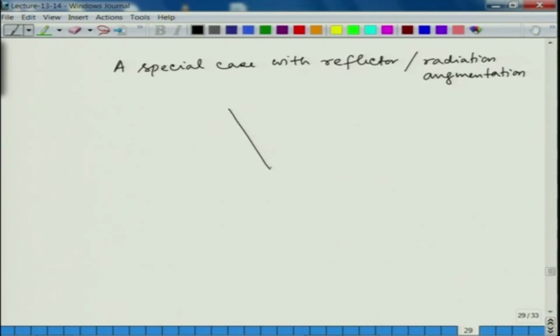Suppose these are the solar panels which are placed perpendicular to the plane of the board, and you have a reflector associated with it. So, this is the collector plane and this is the reflector plane.